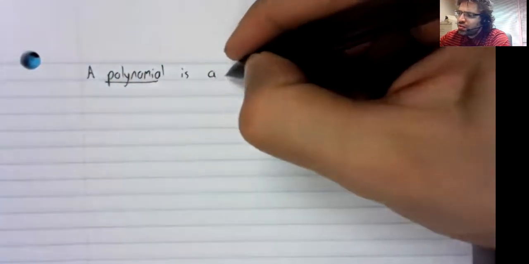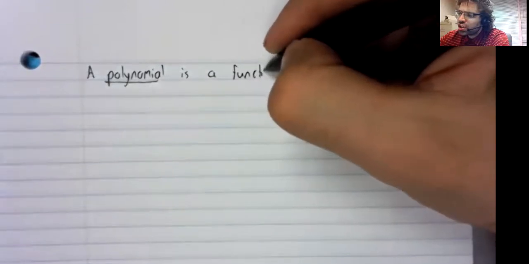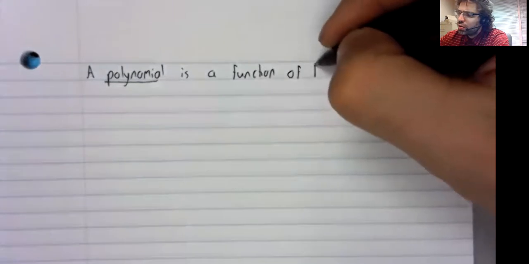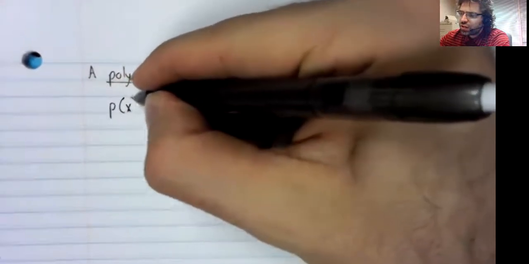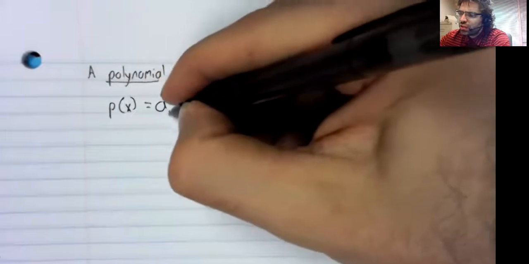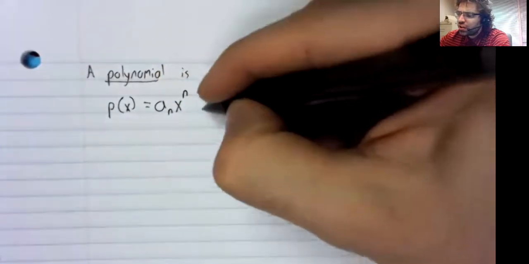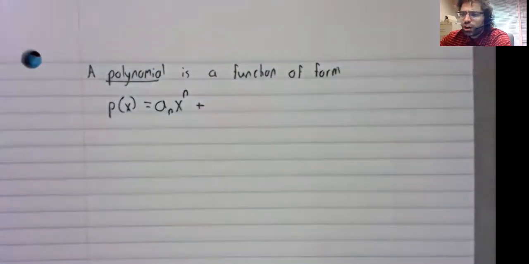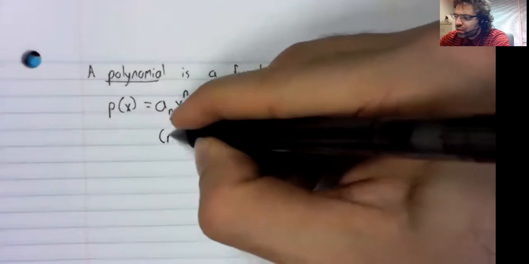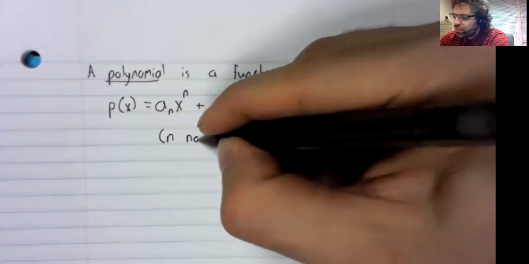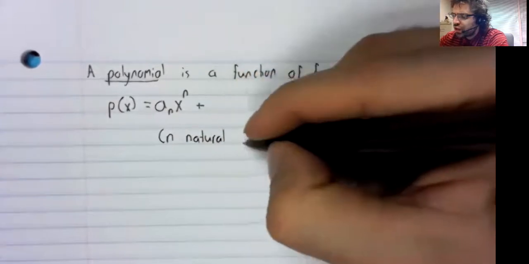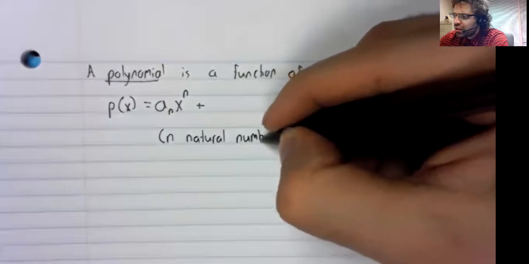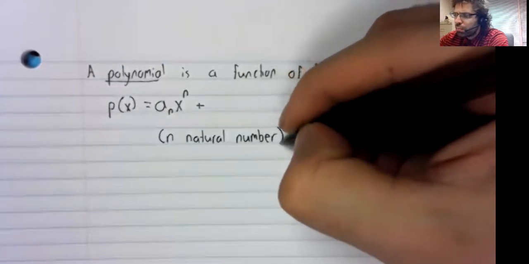A polynomial is a function of the form P of x equals a sub n, x to the n, and then we're going to add some other stuff, but let me pause to make the observation that n here is a natural number.